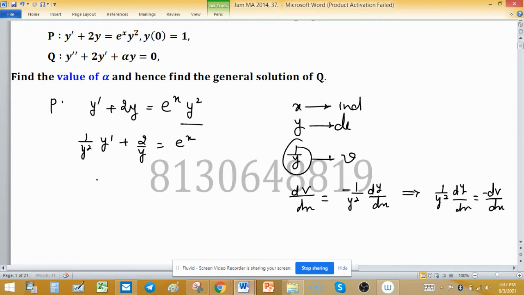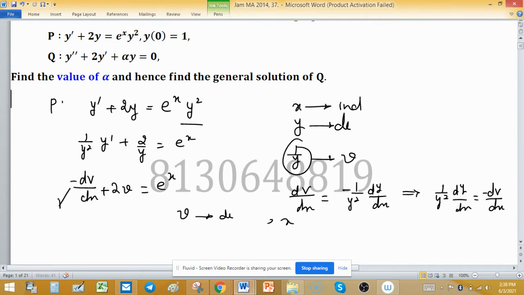So we can replace this one: minus dv over dx plus 2v equal to e raised to the power x. Now we have the other variable v and x. v is the dependent variable and the independent variable is x.